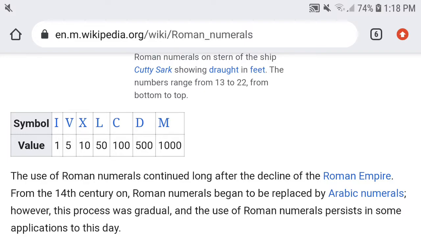Yeah, it's quite interesting, right? Maybe MM, but that would be hard to differ from the MM for 2000, right? So what will be 1 million? What about N?